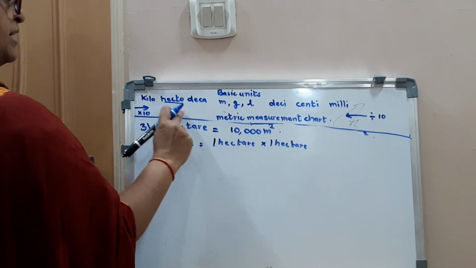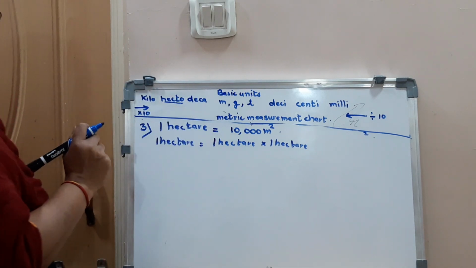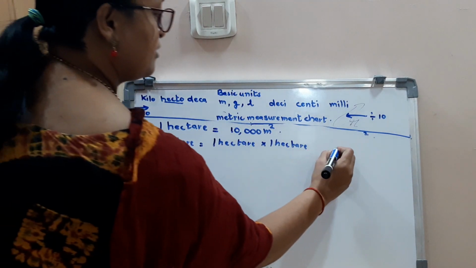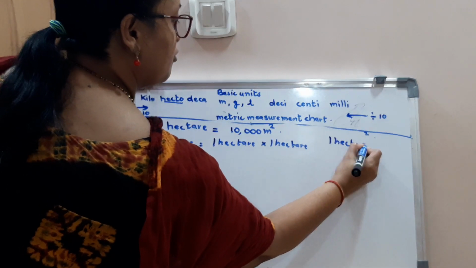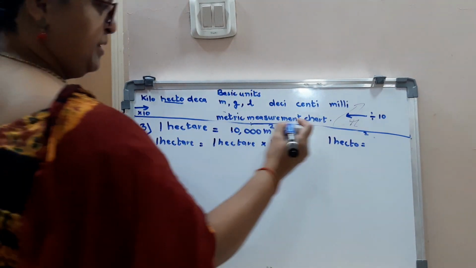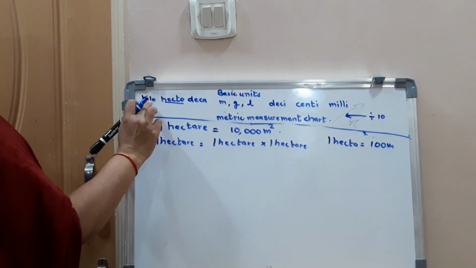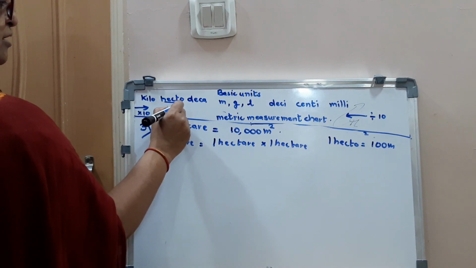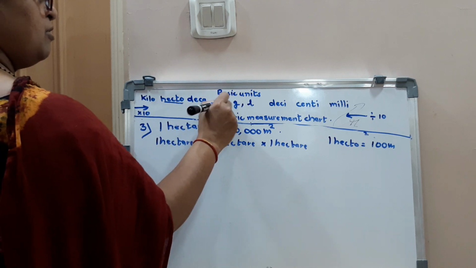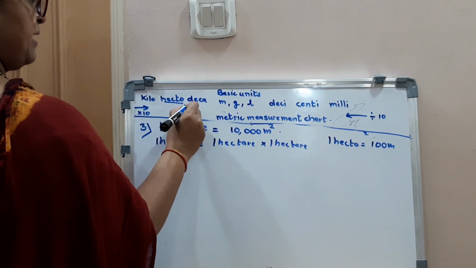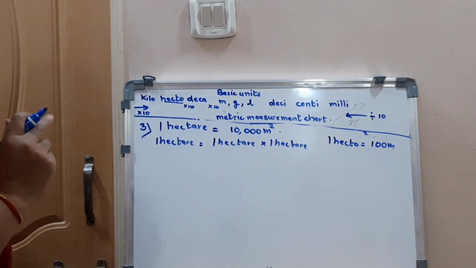Multiply by 10 means multiply by 100, means 1 hectometer is equal to 100 meters, because 2 moves we are moving to the right, from hecto to deca and deca to meter, 2 moves. So multiply by 10 and multiply by 10. So 2 moves means multiply by 100.